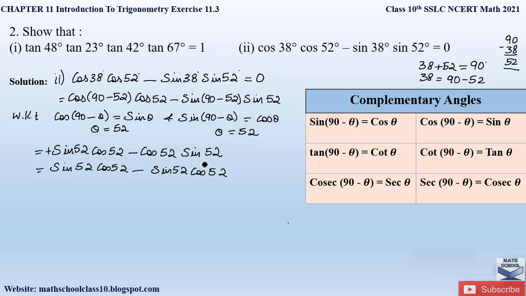I'm just interchanging the multiplication terms so that you don't get confused. So we have plus sin 52 into cos 52 minus sin 52 into cos 52, which will cancel out each other because it has plus and minus sign, and the result will be equal to 0, which means we have proved that left hand side is equal to right hand side.